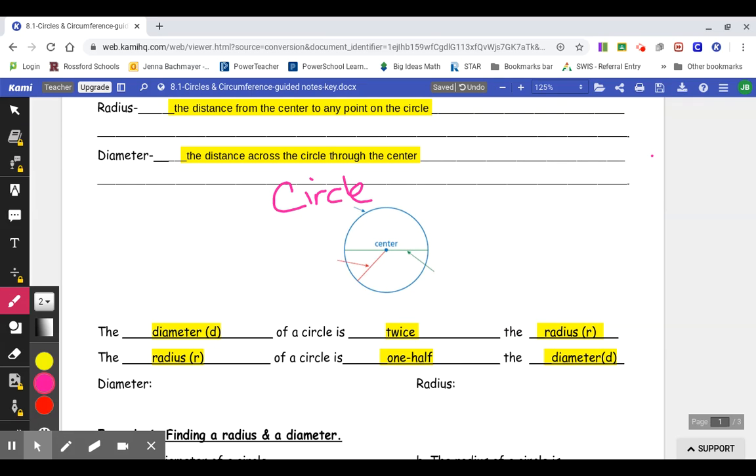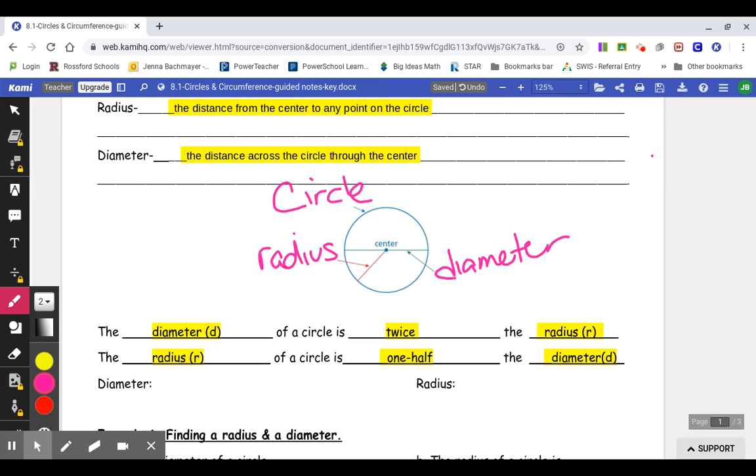Our green arrow over here is pointing to the line that goes all the way through the center from one side to the other. That is the diameter. And then the red over here on the left, that is going from the center to any point on the circle. That is the radius.